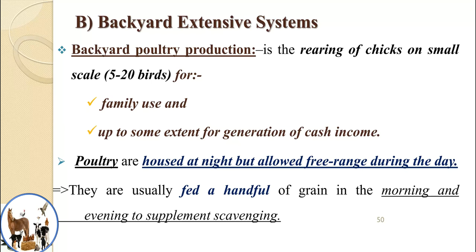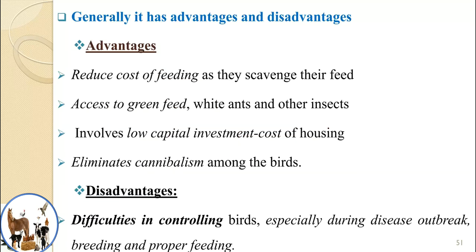In India, most of these are called backyard poultry, and in the night they are protected from predators, captured and kept in a captive area. They are usually fed a handful of grain when they come home in the morning and evening to supplement the scavenging. So this is free ranging, whereas they go for grazing very freely. That's number one.